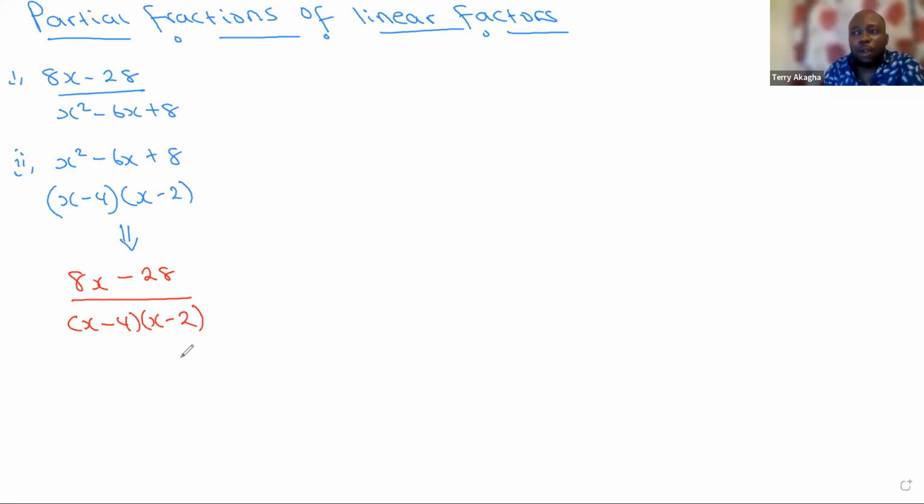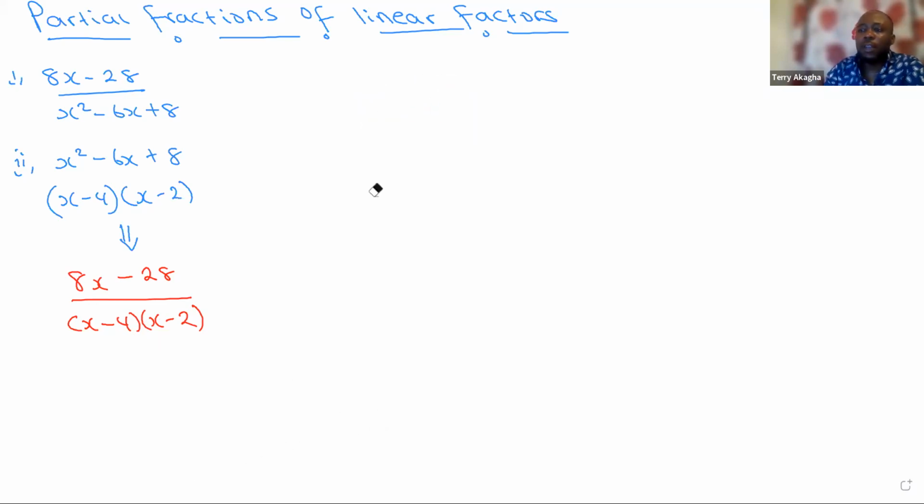Now, if you look, the denominator is a linear factor. Remember, I told you a linear factor is in the form of ax plus b, okay? So for the first video, I'm going to talk about linear factor. The next video, I'm going to talk about ax plus b raised to power 2 factor. So that means this is a classical linear factor, okay?